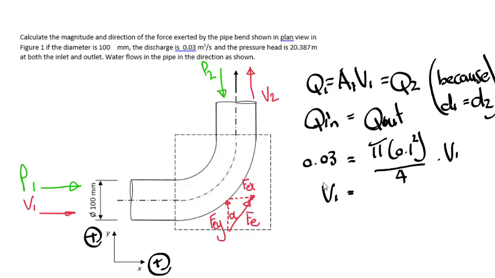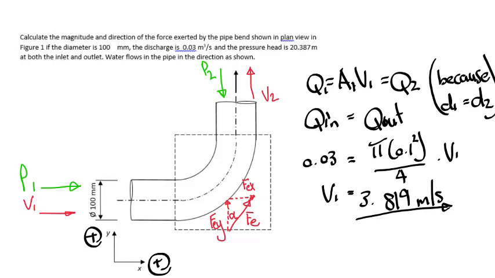Alright, so you can simply say 0.03, remember to use your stored values on your calculator, 0.03 divided by shift pi, and you will see if you've calculated correctly, that should give you 3.819 meters per second. Okay, so that's your first answer, and you'll get 2 marks for something like that.